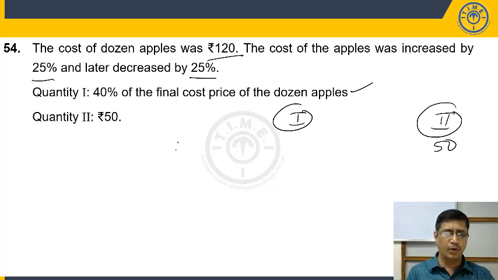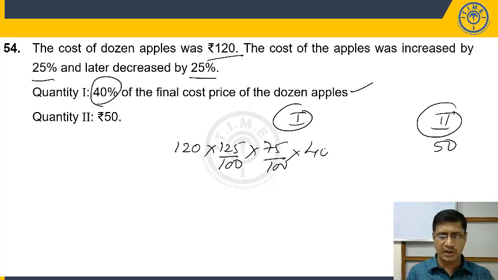The dozen apples cost 120. Increased by 25% it becomes 125%, then decreased by 25% it is 75%. Now what he is asking here is to compare the 40% of it. So 40% of the value. Now solving this, what is the cancellation?